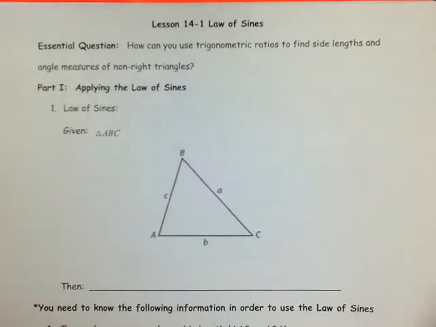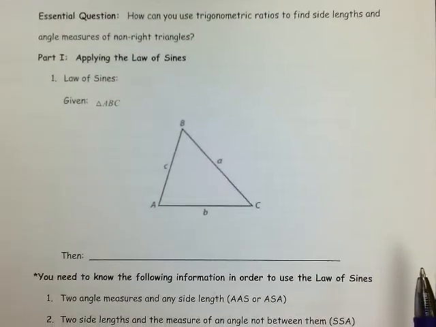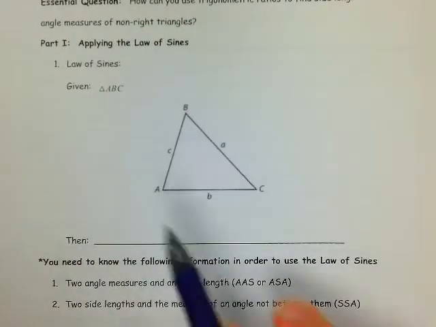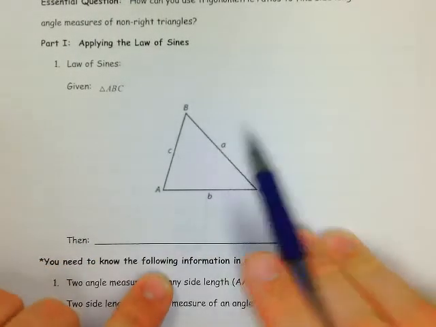And what it is, the law of sines is a ratio, or a set of ratios equal to proportions. So what it is we take any angle and its opposite side and make it a ratio.